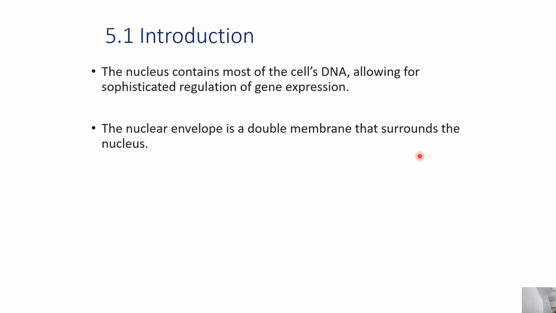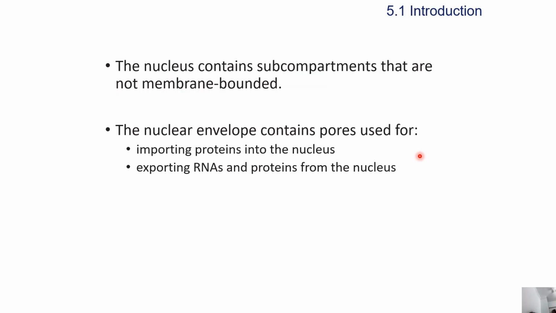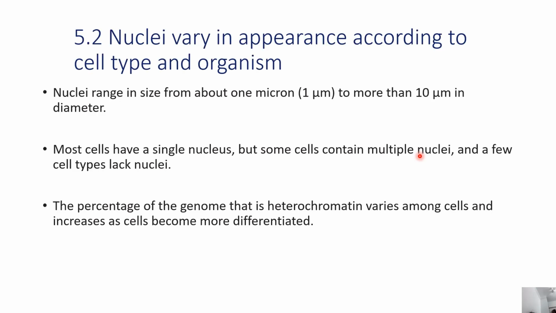Now, if we come to the nucleus, it contains most of the cell's DNA, allowing for sophisticated regulation of gene expression. And the nuclear envelope is a double membrane that surrounds the nucleus. Now, the nucleus contains subcompartments that are not membrane bounded. The nuclear envelope contains pores used for importing proteins into the nucleus and exporting RNAs and proteins from the nucleus.